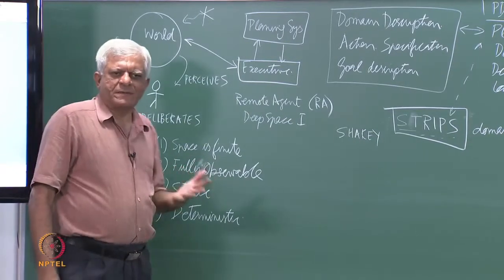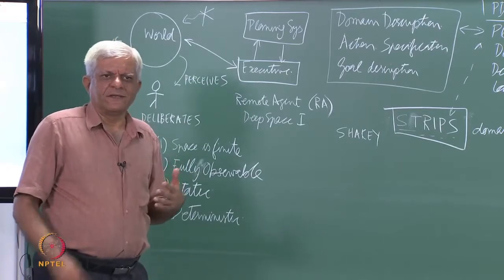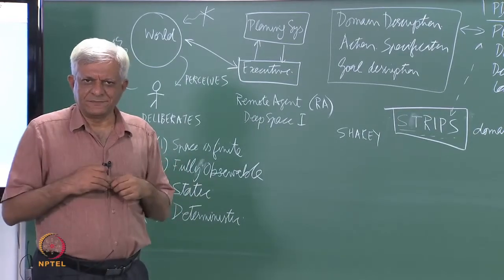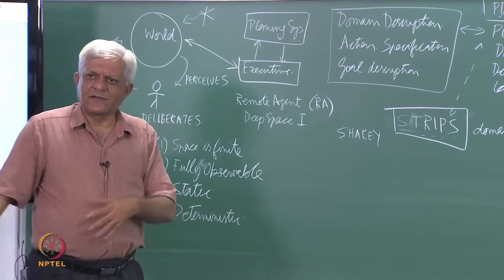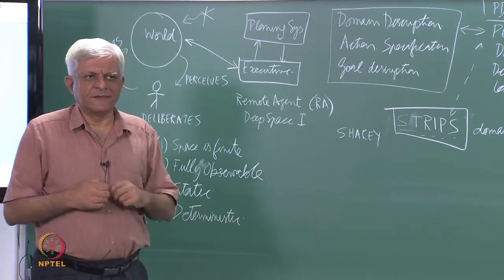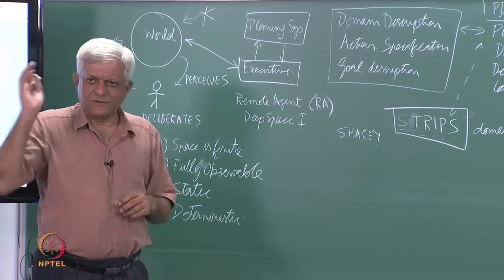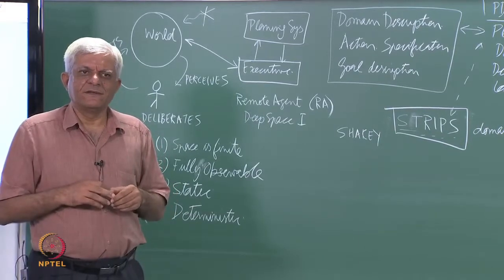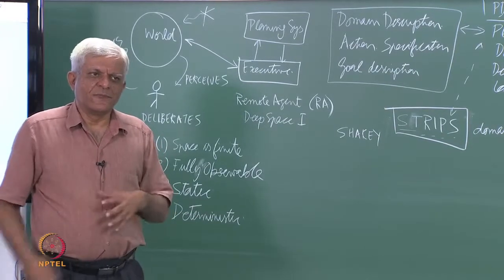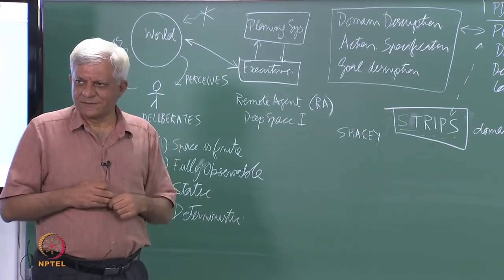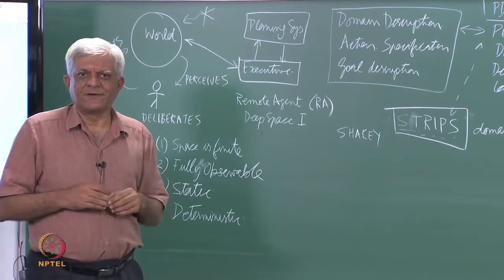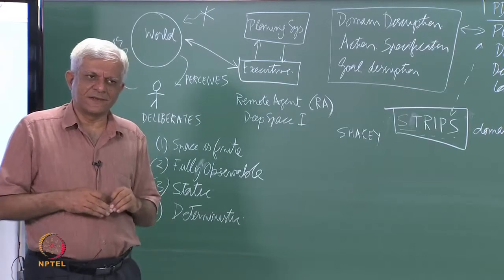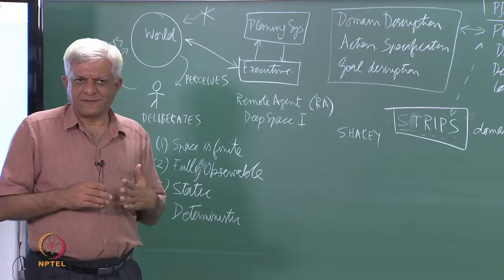Just imagine what would happen if the world were not deterministic, then you create a plan that okay, you will get out of this building, you will board your bicycle and go off to the hostel and have some tea, and then when you go down you find that somebody has stolen your bicycle, or maybe the bicycle is punctured or something like that, then you can no longer do the plan.